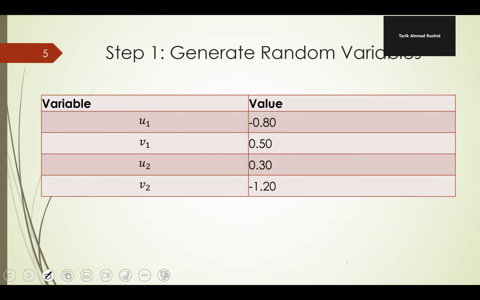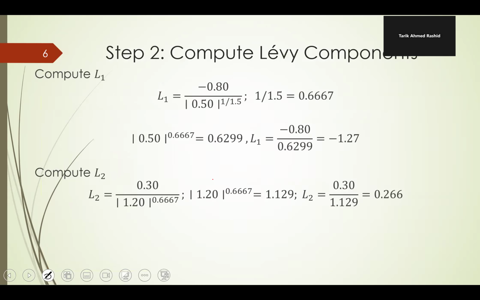We will find U1, V1, U2, V2 for the first solution. So L1 we will find from U and the formula of L. This is how we found the result.